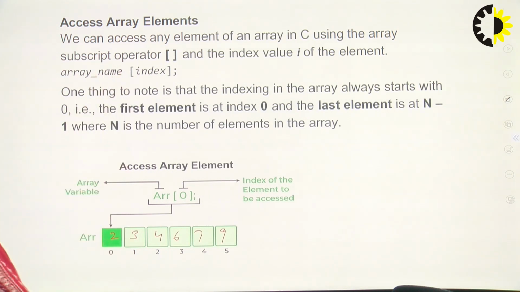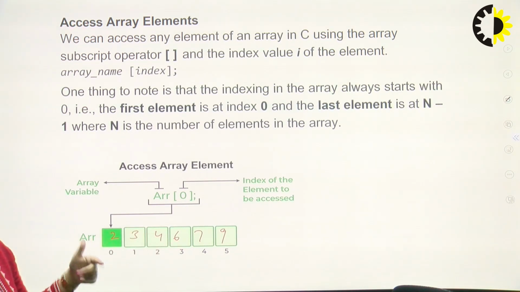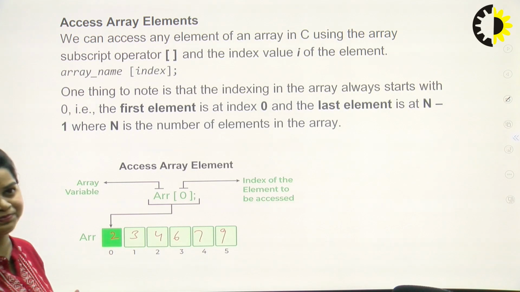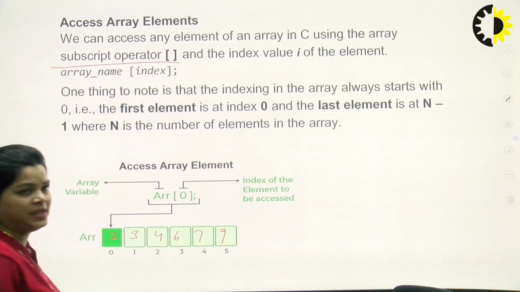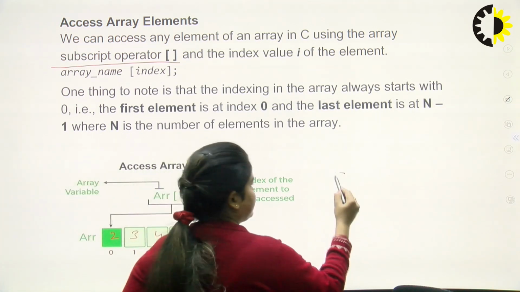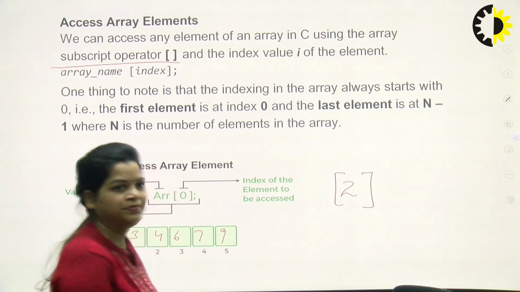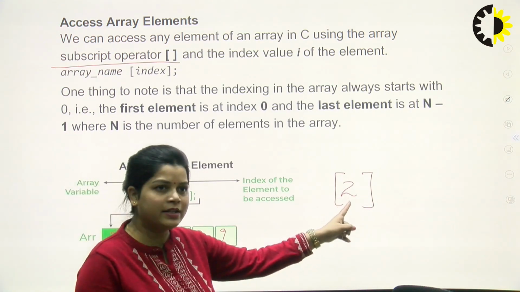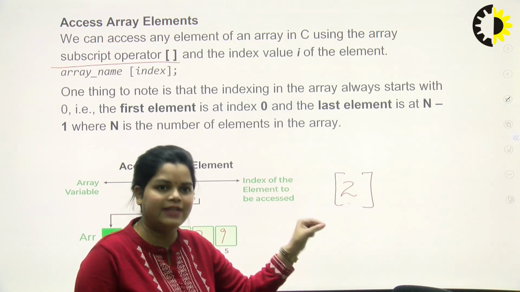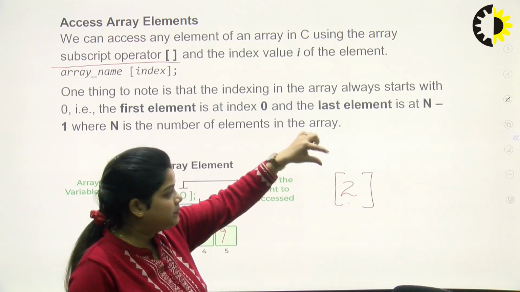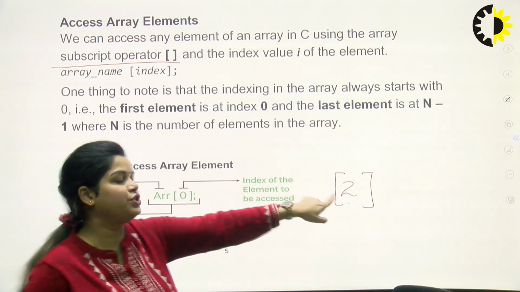You can access any element of an array in C using the array subscript operator. With what operator? The subscript operator. If we write 2, this is the index value and this is the subscript notation by which we can get the element situated at that particular index, meaning position.